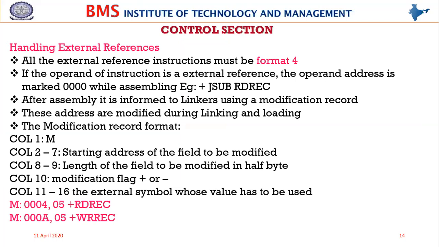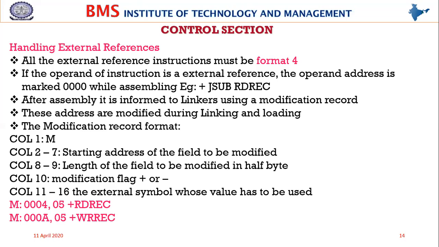Fine. This specification is done by the assembler by specifying a modification record. Each external reference will have one modification record, which specifies the starting address to be modified and how many half bytes from there should be modified.